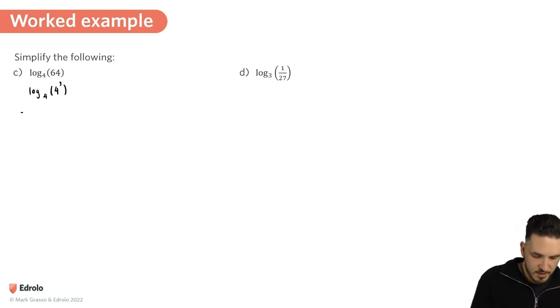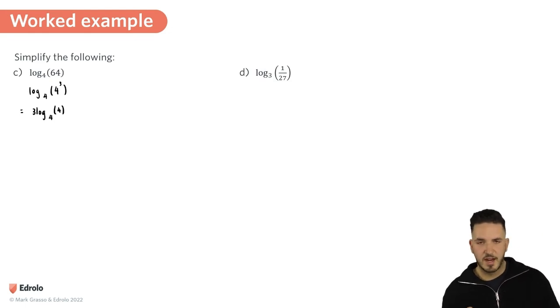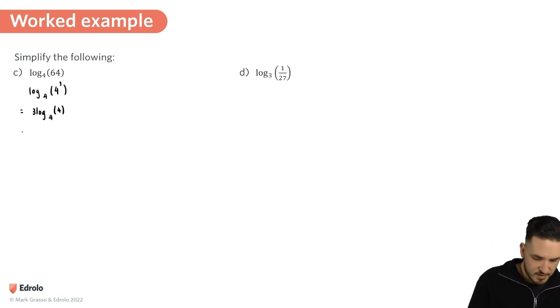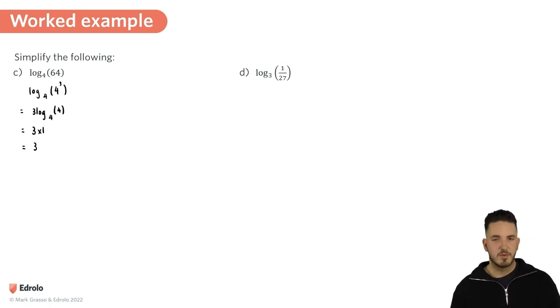So this would become 3 log 4 of 4. And what you may also notice is we have log 4 of 4. The argument, what's inside the brackets, is equal to the base. When that happens, that becomes 1. So that's going to be equivalent to 3 times 1. And finally, we're left with the answer of 3. So log 4 of 64 simplifies to 3.